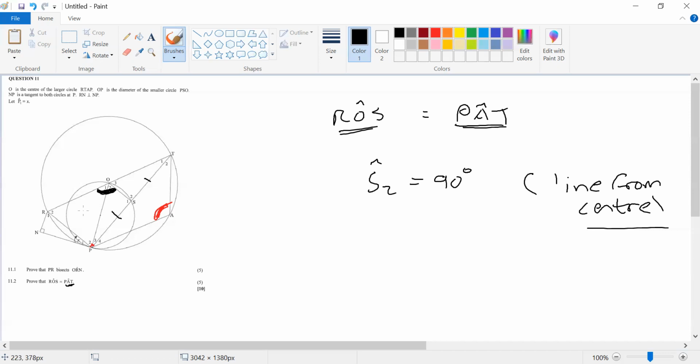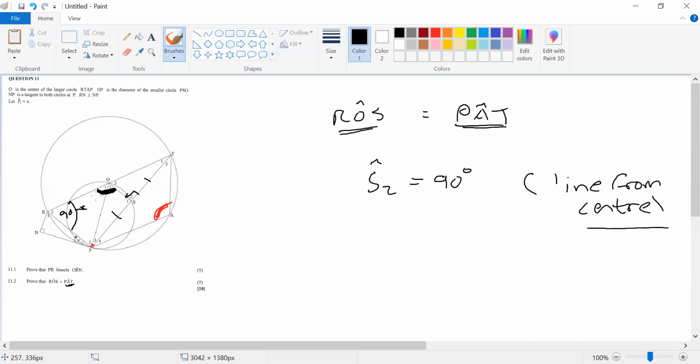So is there any way that we can link what we've just found to that angle right there? Opposite angle? No, because you see, S2 is actually this angle right there. So we know that R2, which is this angle right there, is actually equal to 90 minus X.